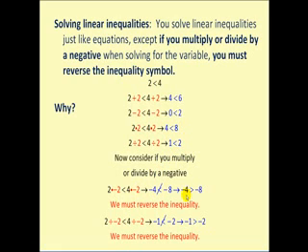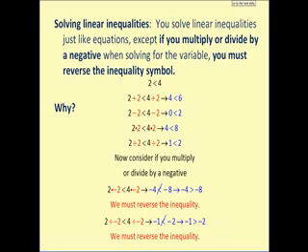So in order to make it true, we have to reverse the inequality, meaning the original inequality was less than, but if we multiply by a negative, we have to reverse the direction of the inequality symbol. And the same thing is true if we divide both sides by a negative. We have to remember to reverse the direction of the inequality to maintain the true statement.